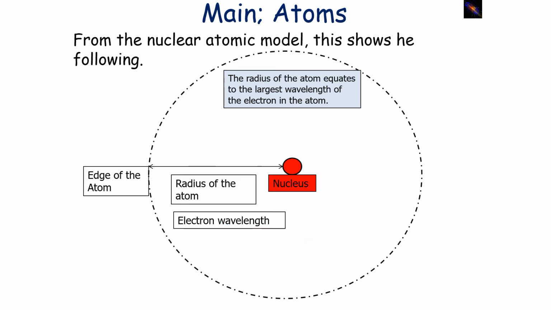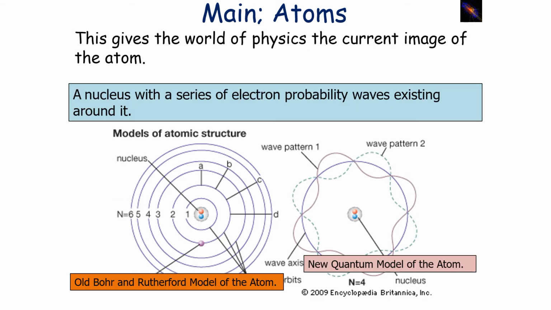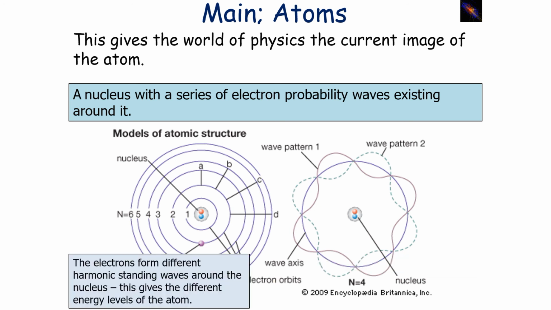The radius of an atom equates to the largest wavelength of the electron in the atom, which can be visualized as the longest wavelengths, as these are the electrons in the highest orbitals. So actually, an atom is not a nucleus which has energy levels around it. It is in fact a nucleus with a series of electron probability waves existing around it. The electrons form different standing harmonic waves around the nucleus.